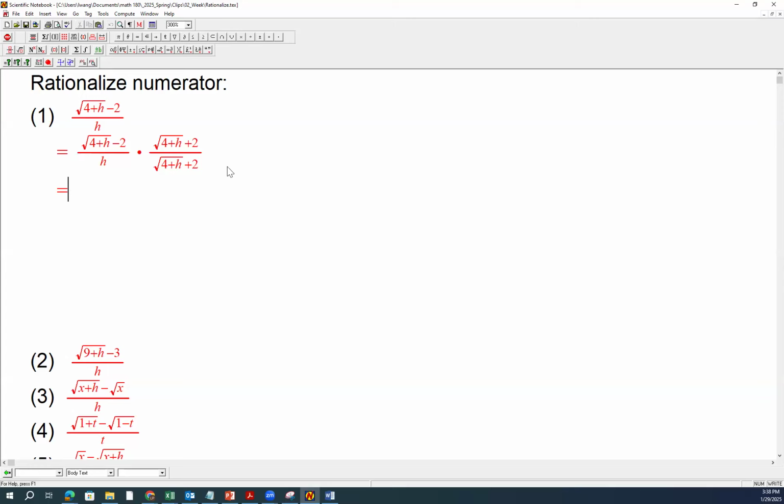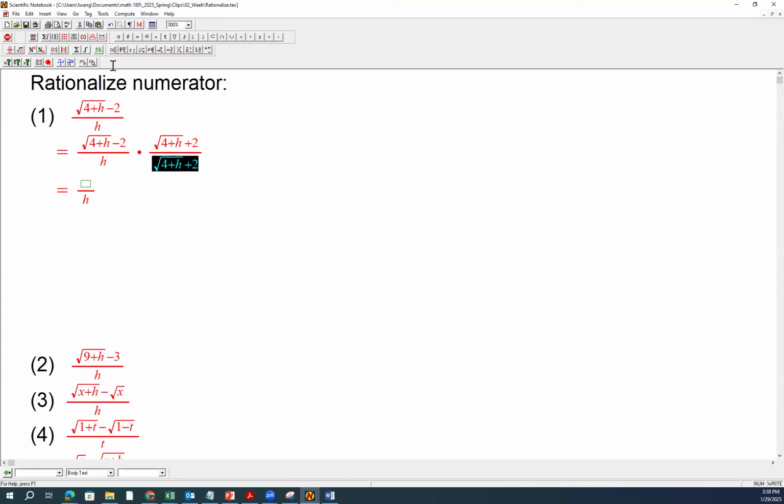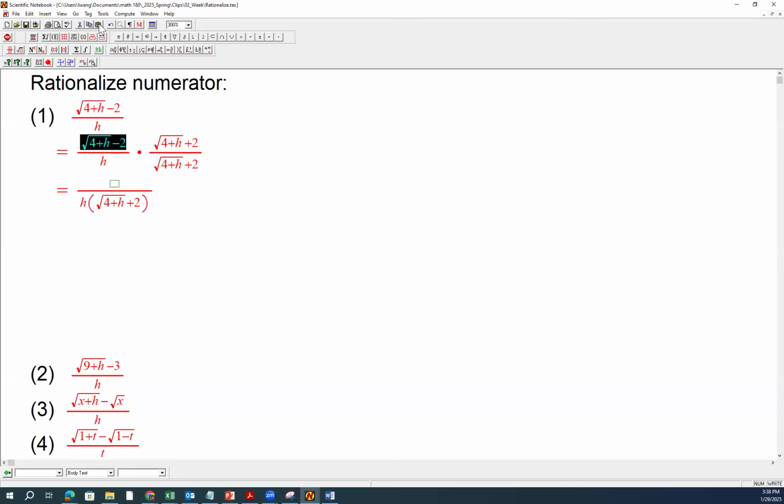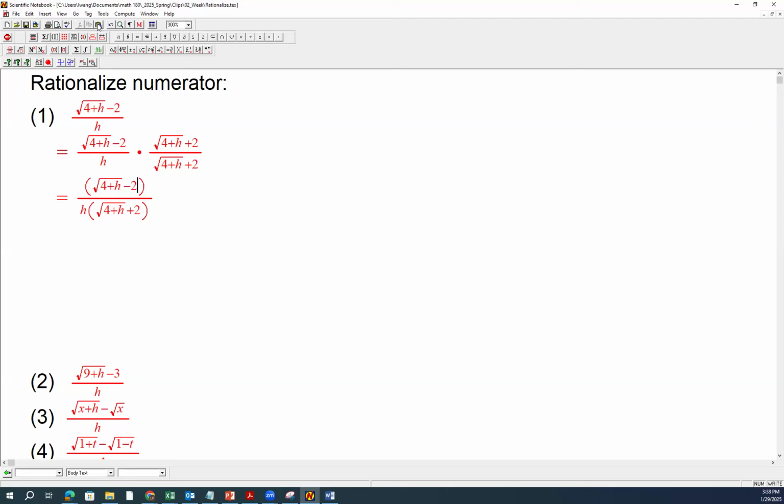After we set this up, we will have the denominator h multiplied by the other denominator. So denominator multiplies denominator, numerator multiplies numerator. That's the operation.